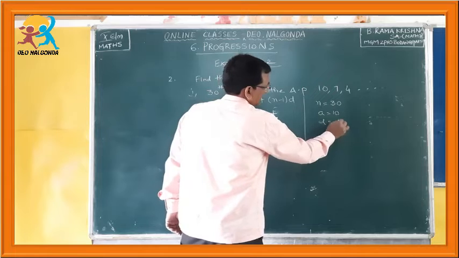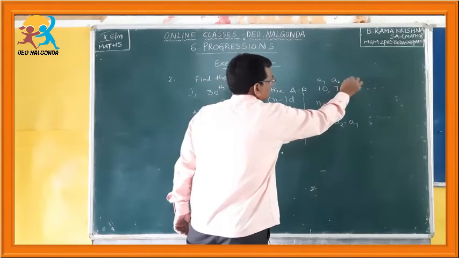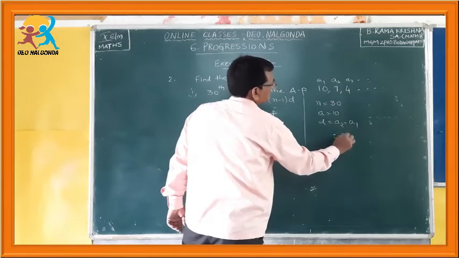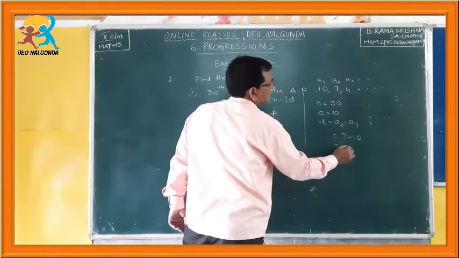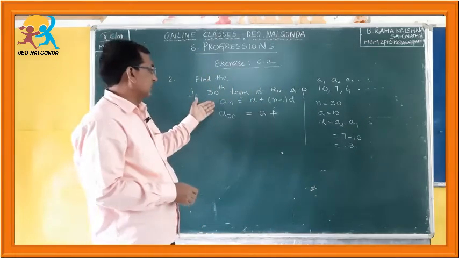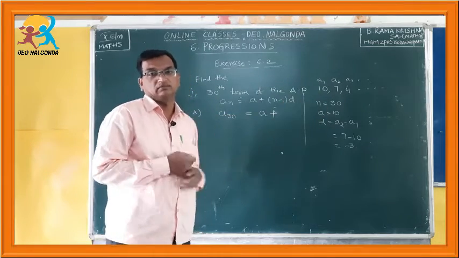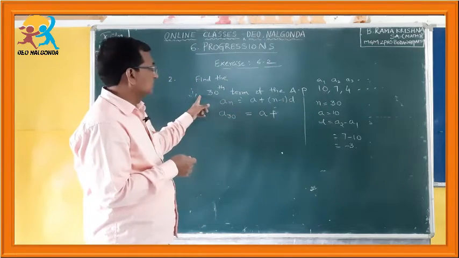D, you know the formula, A2 minus A1, this is A1, this is A2, this is A3 and so on, which is equal to 7 minus 10. 7 minus 10 is how much? Minus 3. So, before writing these things, you first write down the given things.